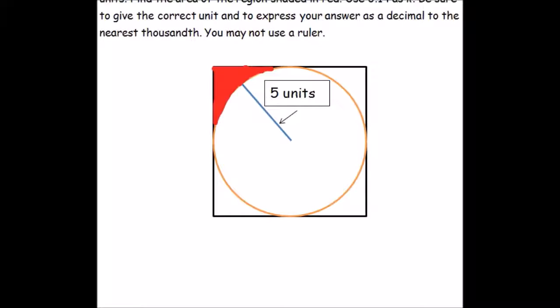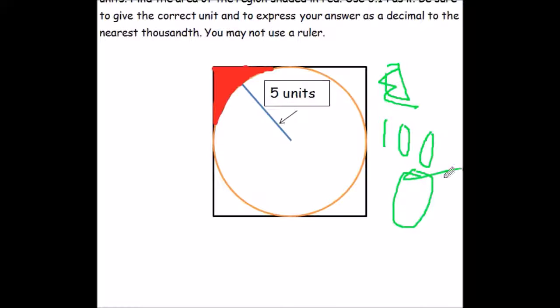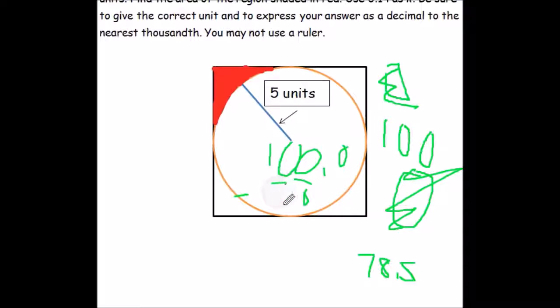We need to, again, for the square, the area is 100. I'll just write 100. We know that means square units. The area of the circle, sorry, this is so ridiculously messy, we just found is 78.5. Now, if we subtract those two, it's 100.0 minus 78.5.